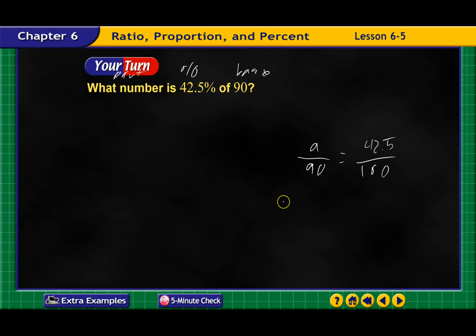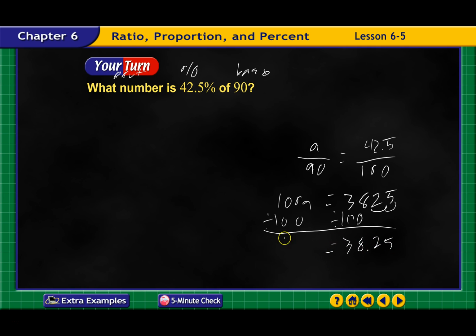So cross products would give me 100A equals, punch these into my calculator, 42.5 times 90 comes out to 3825. Divide by 100, which is really just move the decimal place over 2 spots. 38.25 is what I get. So your answer is 42.5% of 90 is 38.25.